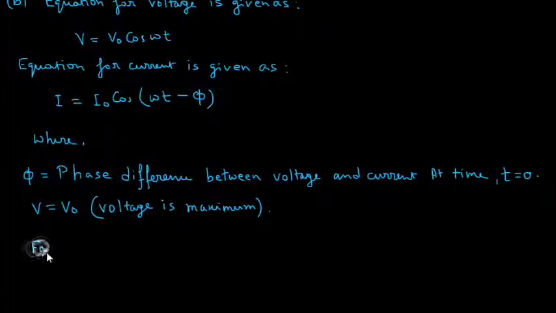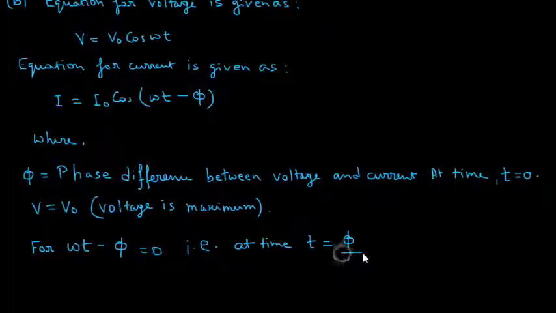For omega t minus phi is equal to 0, that is at time t is equal to phi by omega, I is equal to I naught. Current is maximum.